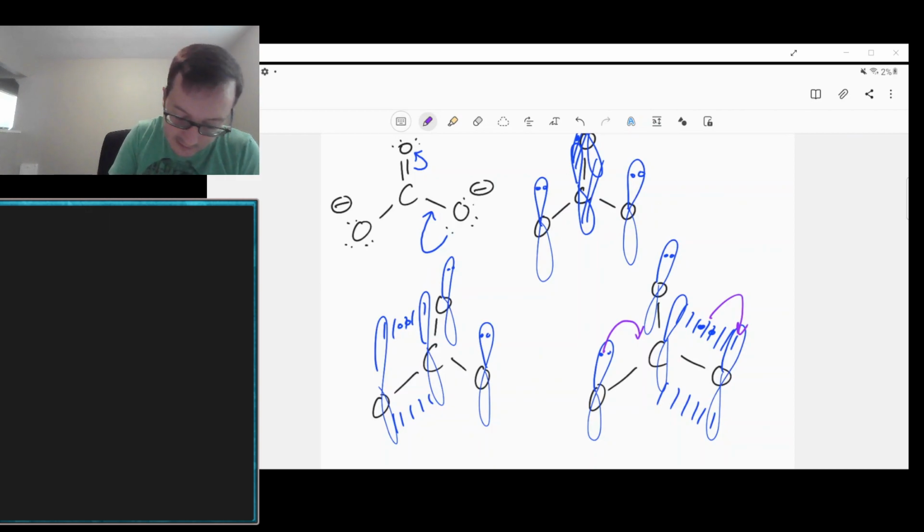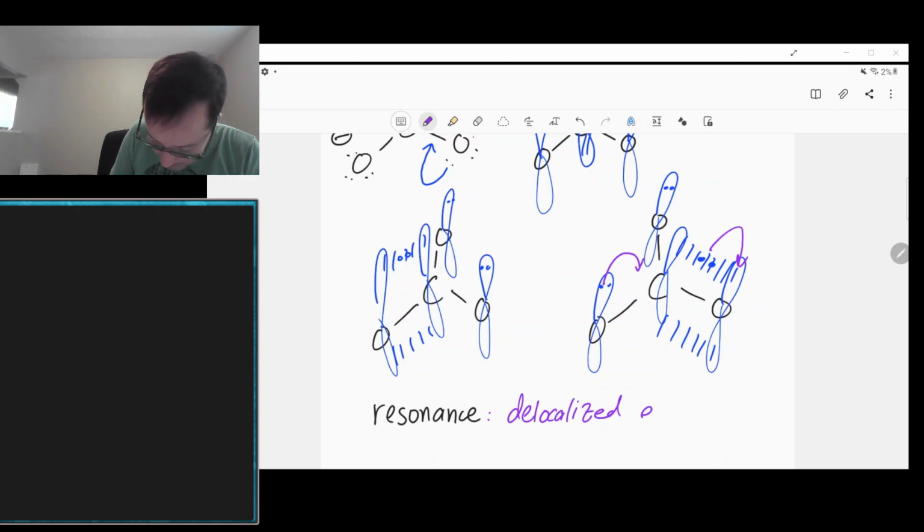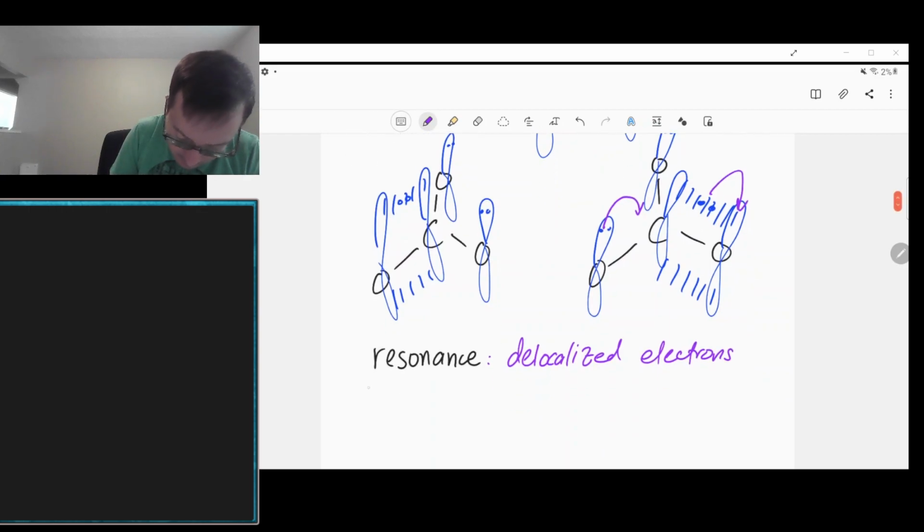And so this idea then is that these 6 electrons are delocalized, which means these can move between atoms and bonds.